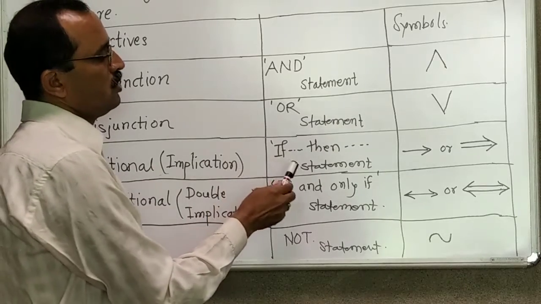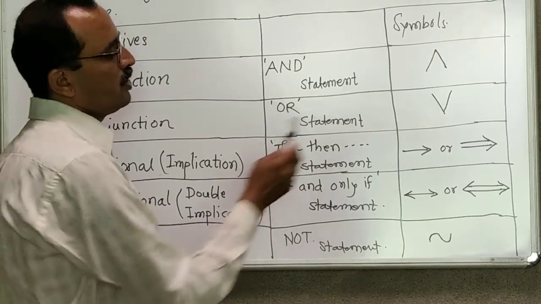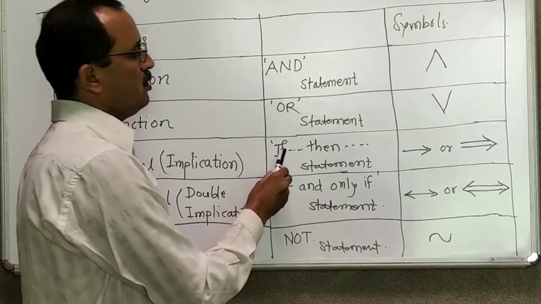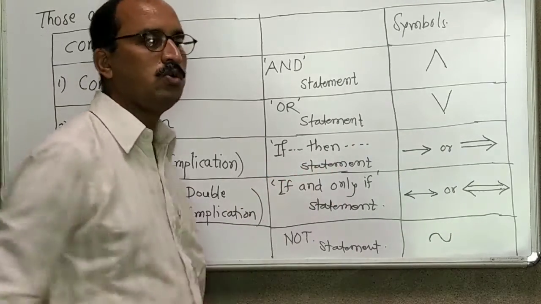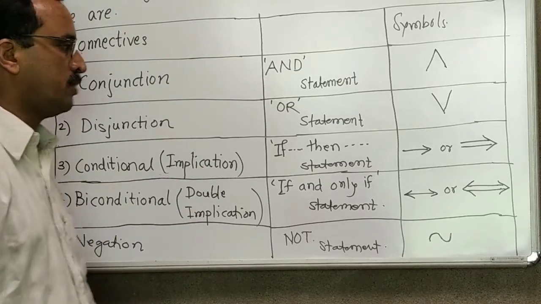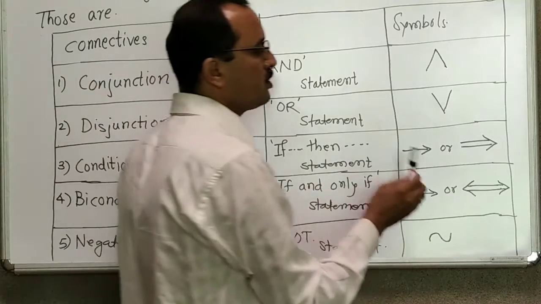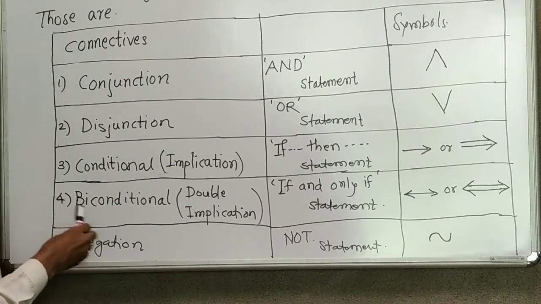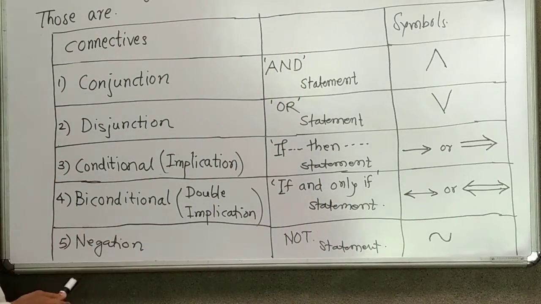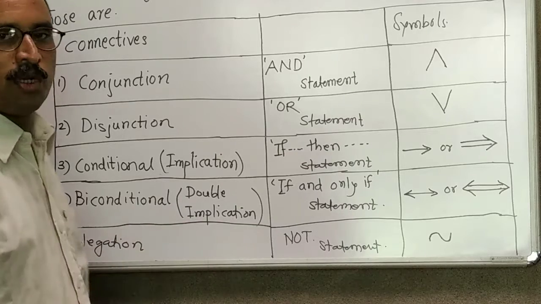Then conditional or implication. Here we use if then, means if one statement, then another statement, and the symbol is a single sided arrow. Fourth one is biconditional or double implication.